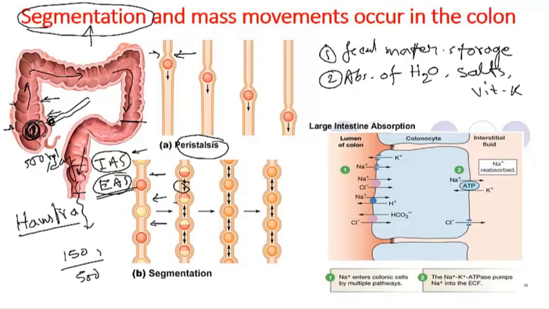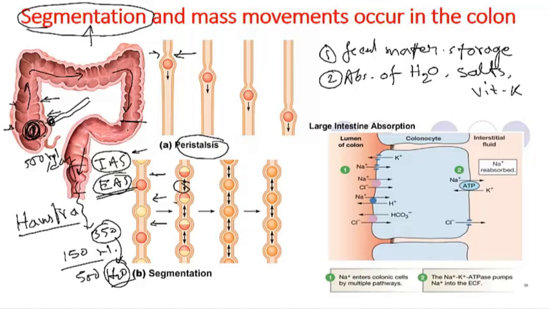It's not even 1/3, approximately 1/3 goes, and most of the remaining 350 ml is absorbed as water, because that 500 ml is carrying all the materials, the digested materials as well as the unwanted undigested materials. So the body will absorb the digested nutrients, and it will defecate the undigested materials.